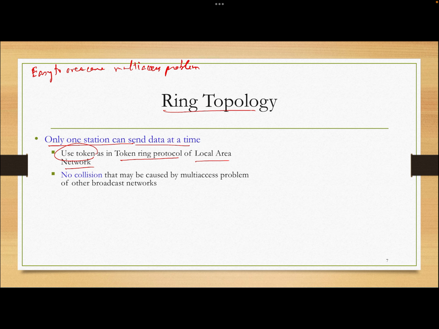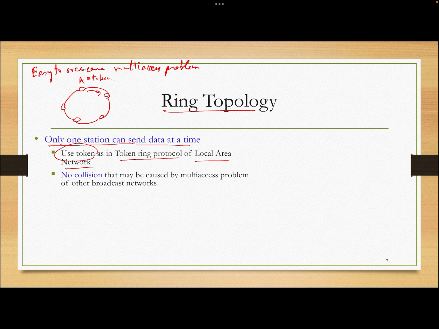In this protocol, you have a token. Suppose A has the token. If A has the token, A is the only one who can send. Other nodes that don't have the token cannot send.